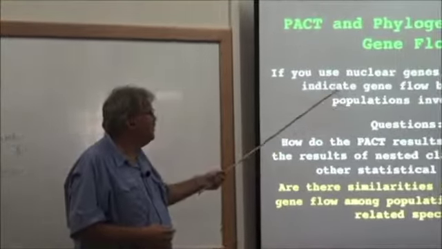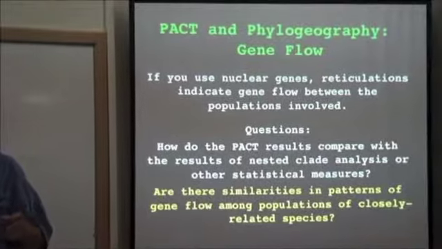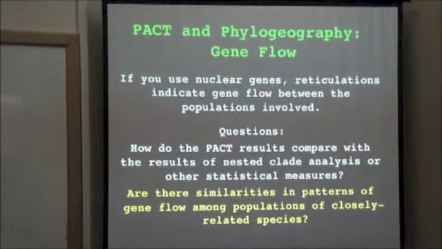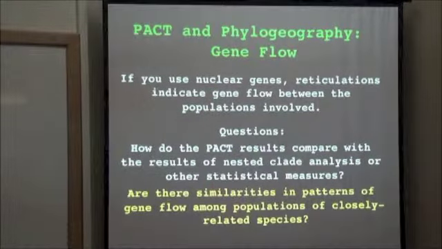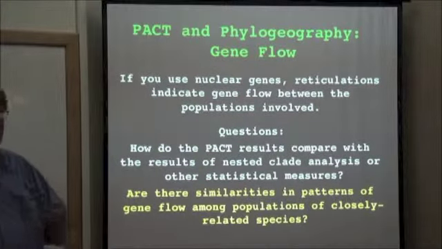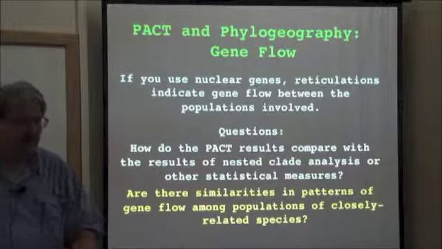Now, if you use nuclear genes in producing your gene trees and doing your PACT analysis, then the reticulations you find are not just evidence of geographic overlap, but actually evidence of gene flow. That then allows the possibility of adding a historical component to standard population genetical accounts of gene flow.